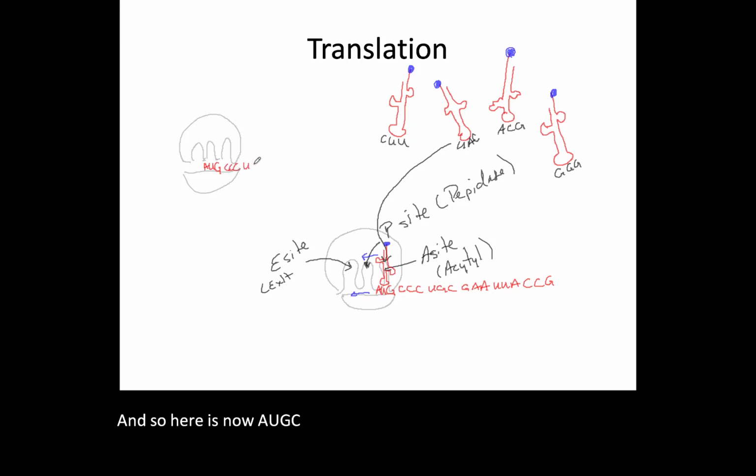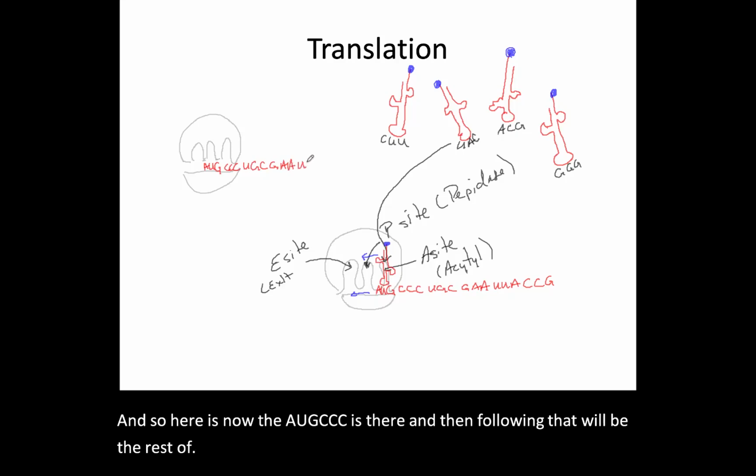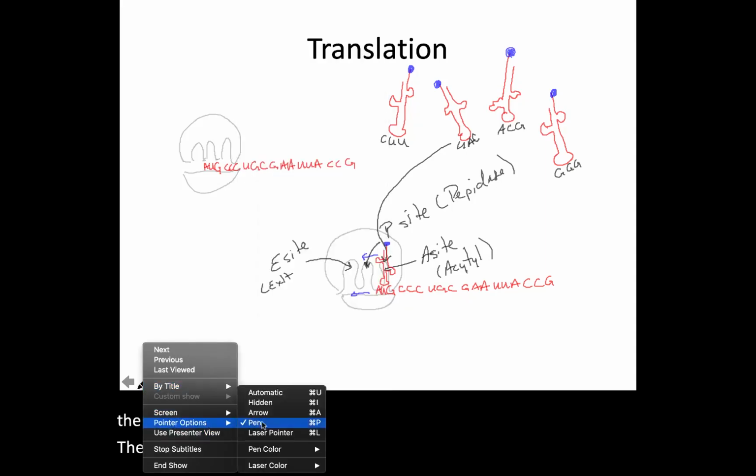CCC is there, and then following that will be the rest of the messenger RNA.